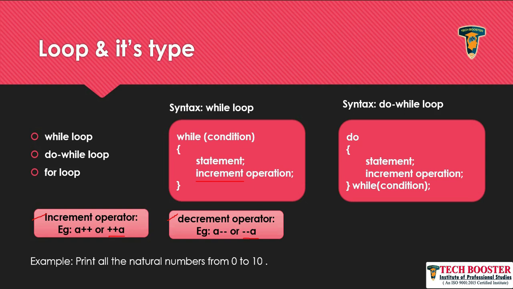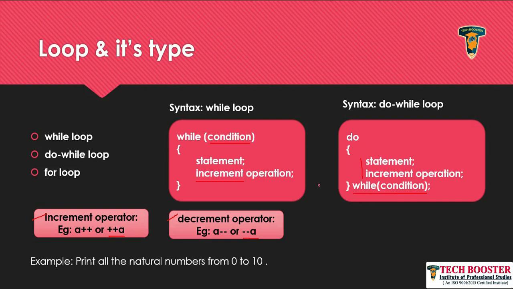The only difference between the while loop and the do while loop is that in the while loop, first of all we check our condition and then we run our statement. But in the case of do while, first of all we'll run our statement and then we'll check our condition. That is, even if you don't meet your condition, your statement will at least run once.